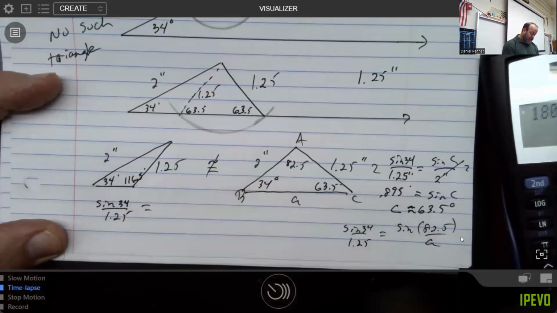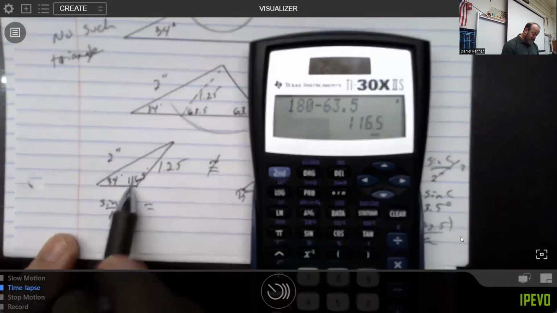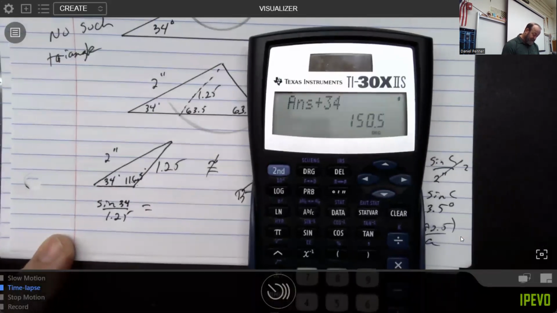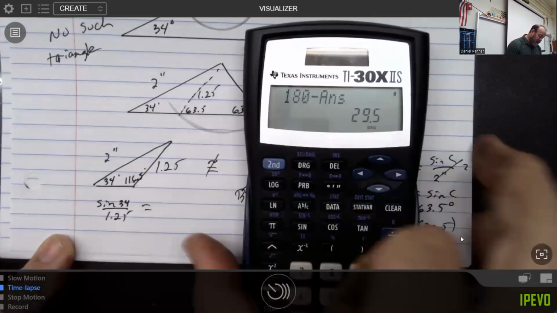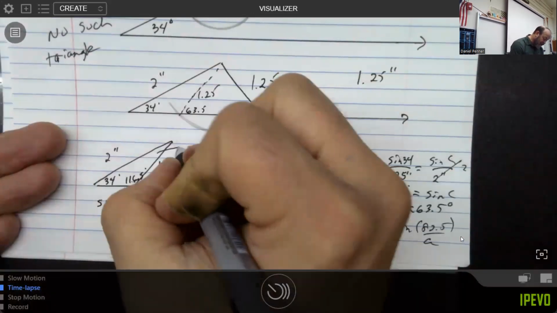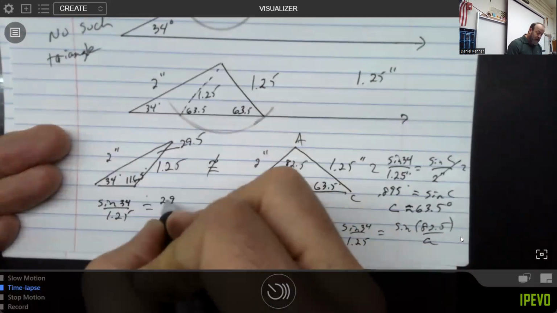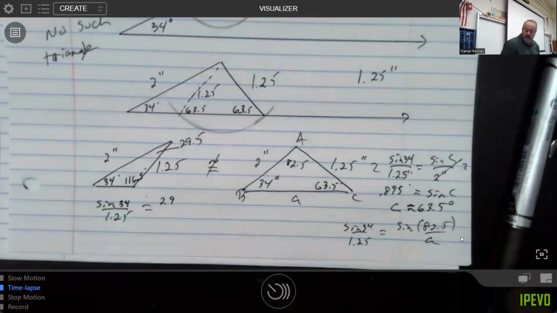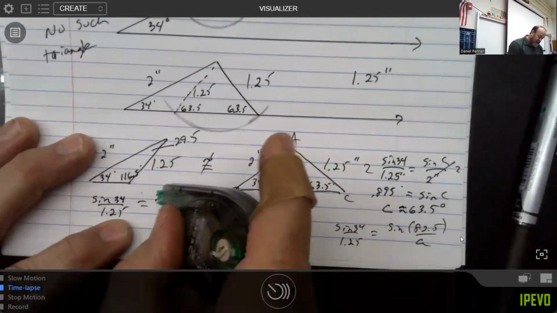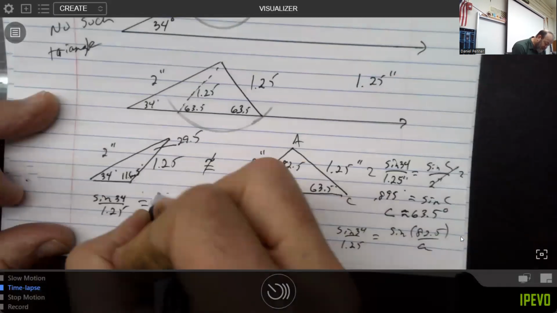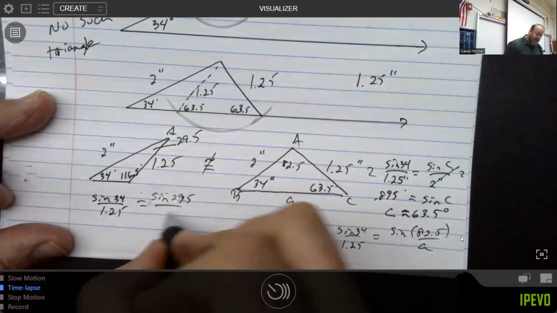And now I can do it, because I could say that the sine of 34 over 1.25 would be equal to, but see, look what I've got. I've got two of the angles, so I could find the third angle. And so that would make, using 180, this angle up here at the top 29.5, so the sine of 29.5 divided by the possible little a.